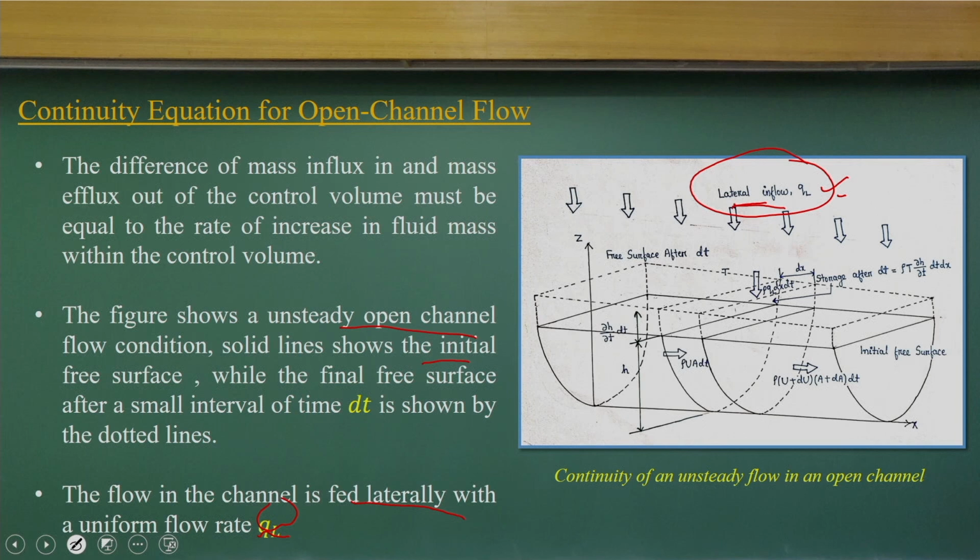There is a change of flow depth, a change of storage, and a change of the velocity field from the t equal to 0 initial time step to delta t. So with this control volume and lateral flow, I want to derive the mass conservation equation. That's the basic idea. We'll talk about how the storage changes and how these mass influxes change. These terms we will discuss in more detail in the next slide.